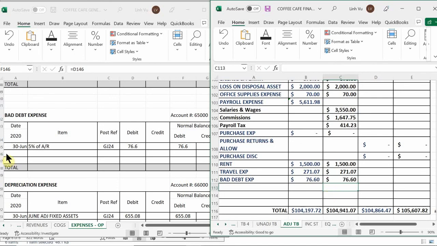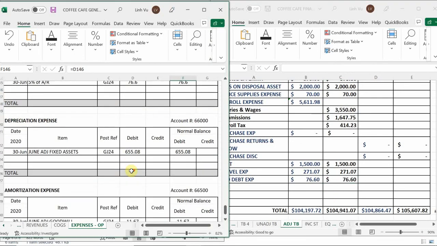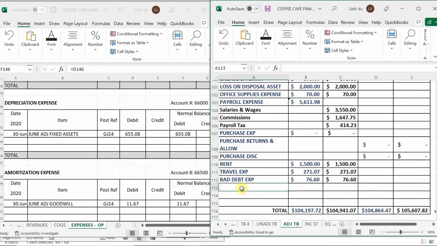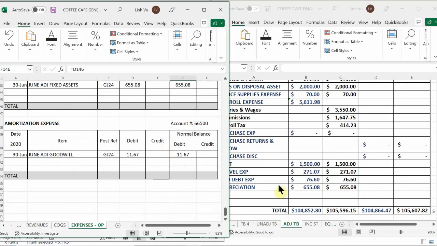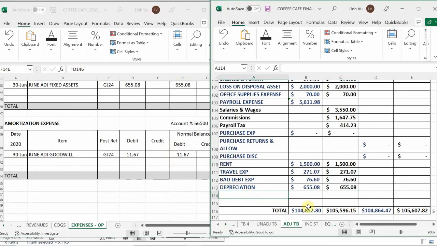Okay, and my depreciation expense is currently for $655.08. Okay, and last but not least, my amortization expense.